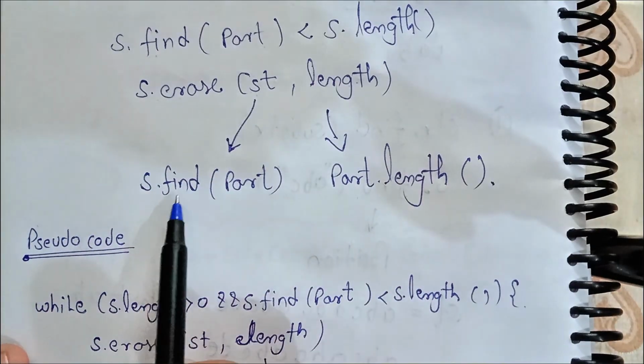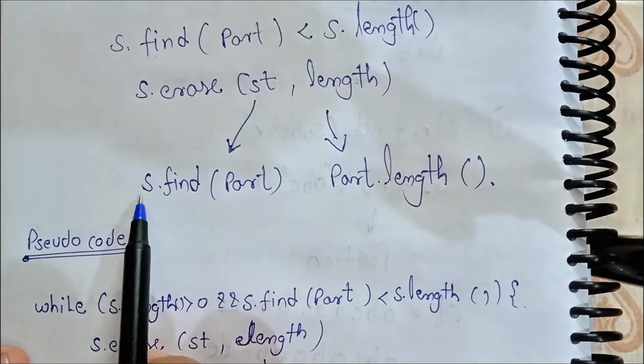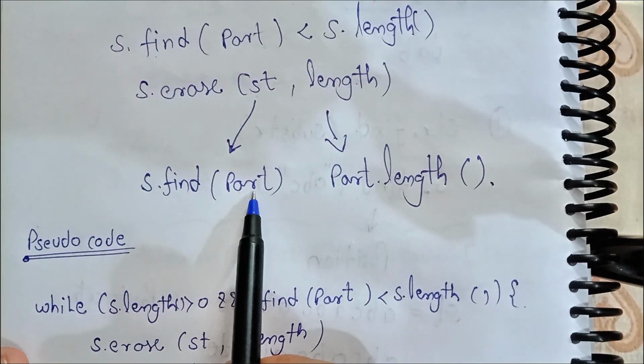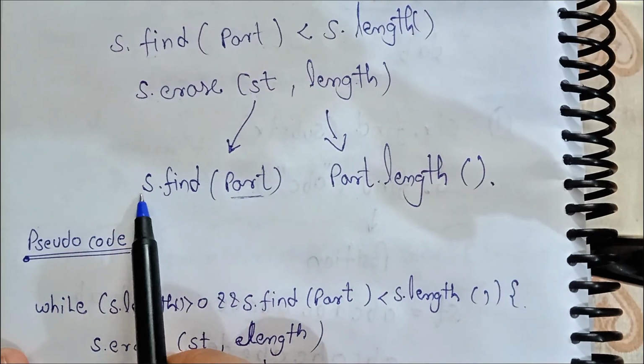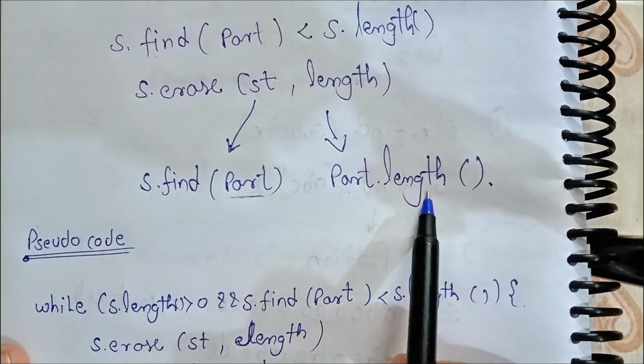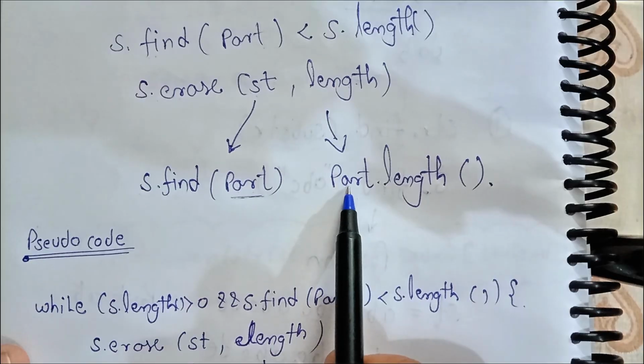So at the place of start we write s.find part, to find the substring inside the string, and then we calculate the length of that part. After that it will be deleted.